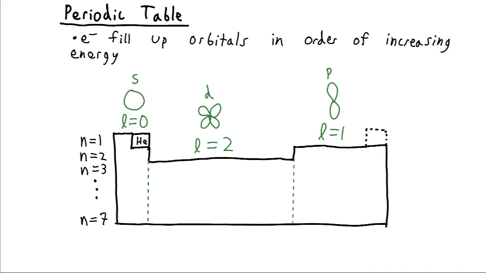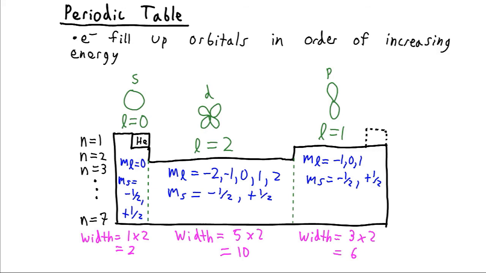And each of those has either m sub S is plus 1/2 or m sub S equals minus 1/2. So we'll have a total of 6 possibilities. So this explains the width here of this p block. It has a width of 6 elements. And that corresponds to each of these 3 m sub L solutions times 2 m sub S possibilities.